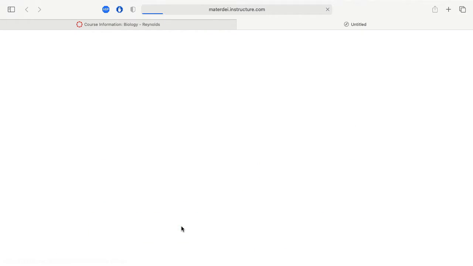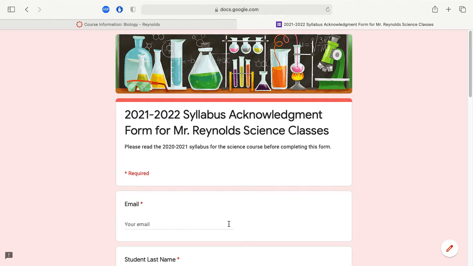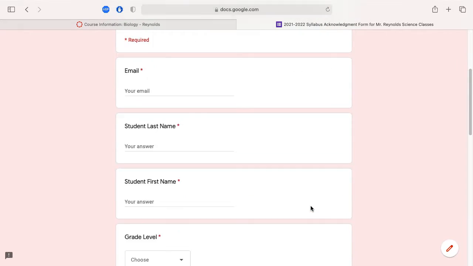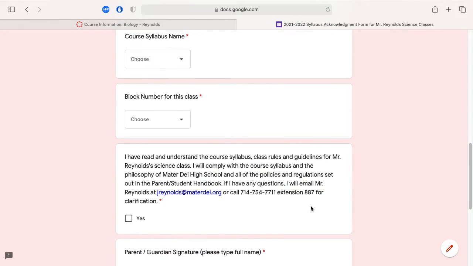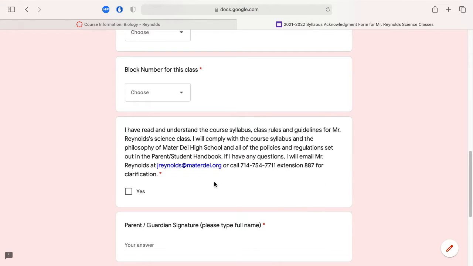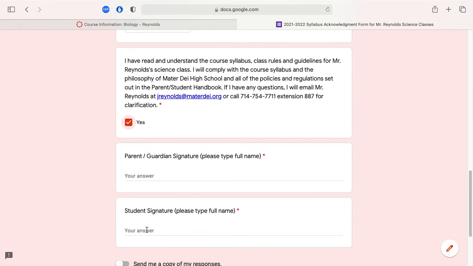If I click right here, it opens up a Google form, and you're just going to fill in this information right here. It's quite simple. It says that you have read and understand everything in the syllabus. I skipped through some part of it, so take a moment to look it over, and then when you're done, you click, yes, I really understand it, and you're going to type your name right there at the bottom.